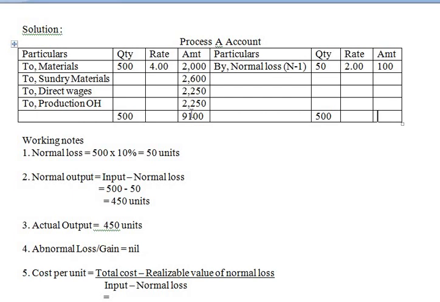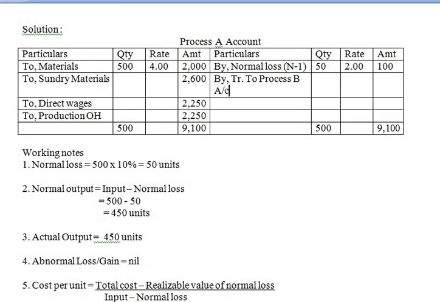Okay, now whatever balance we get, that will be transferred to process B account. So you can write here transferred to process B account. Okay, now find out the difference. Here it is 450.